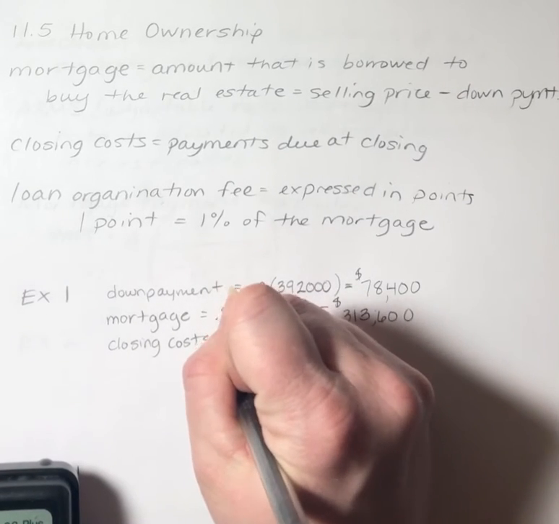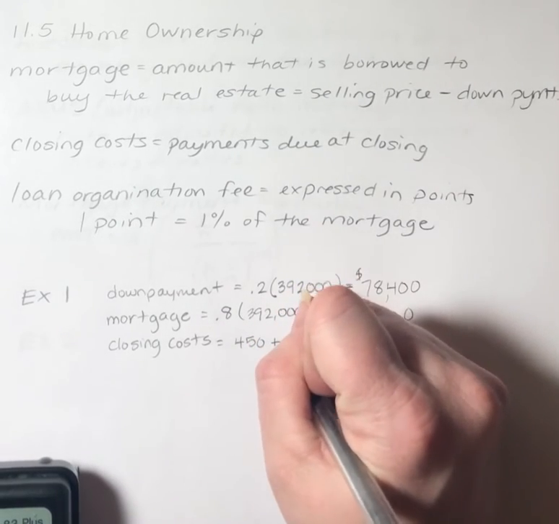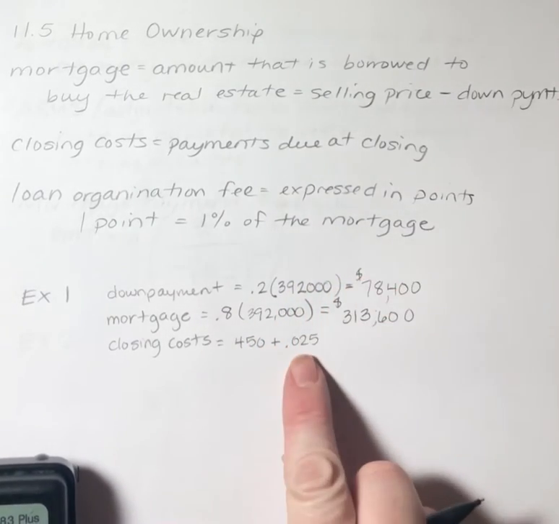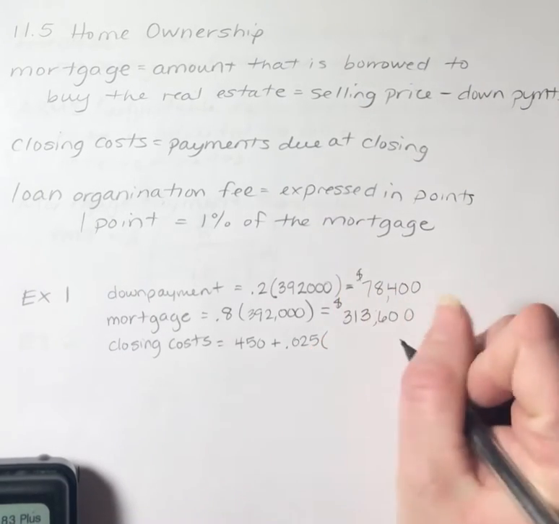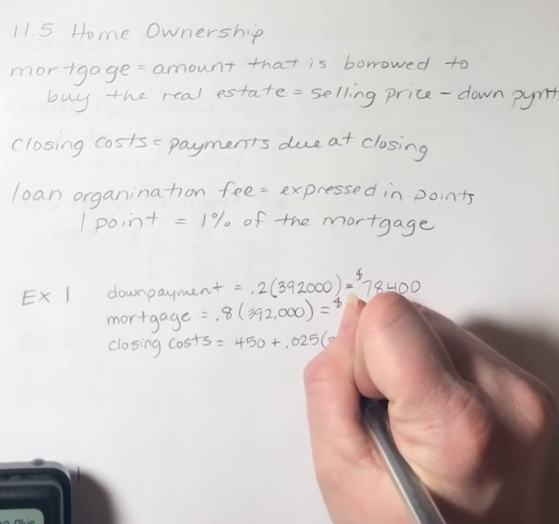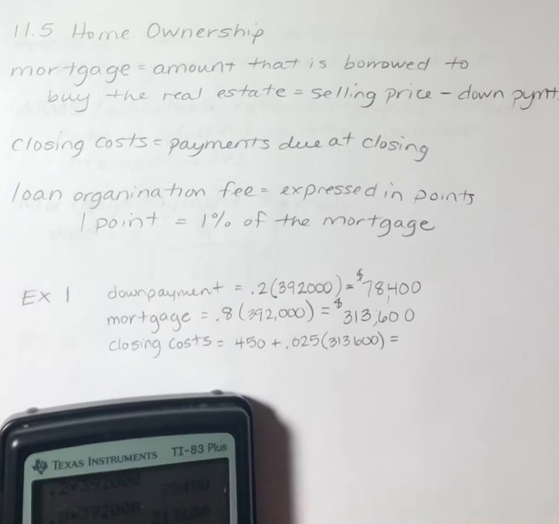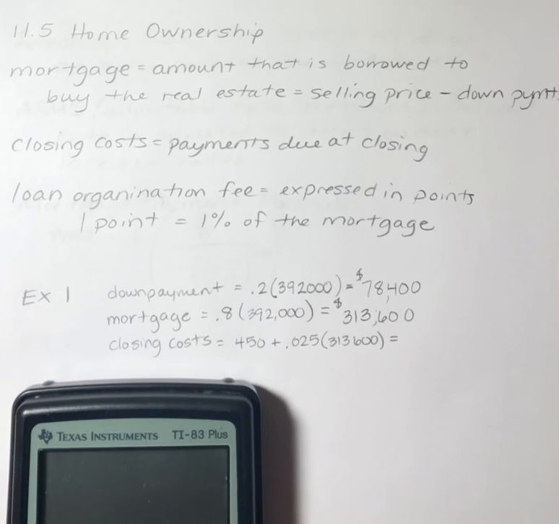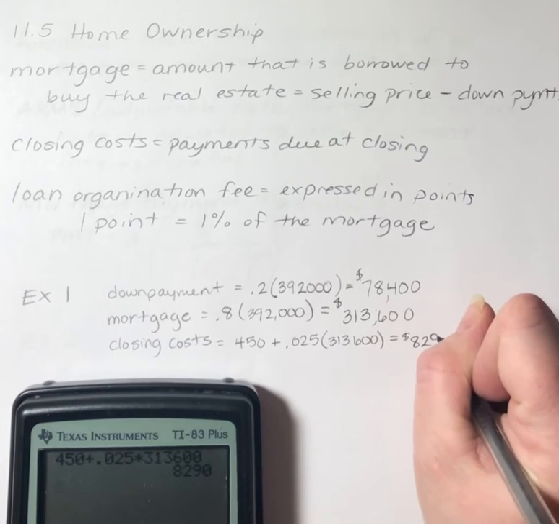So I have $450 in fees plus 2.5%, 0.025, of your mortgage. So your closing costs are $8,290.